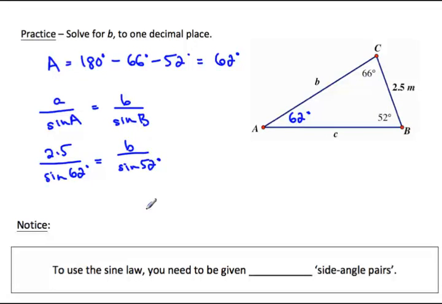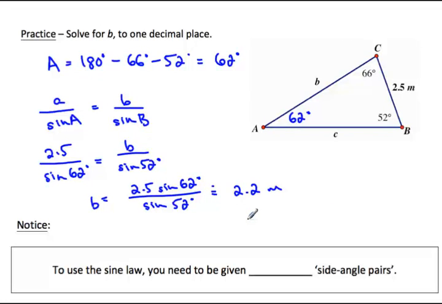Now if I rearrange and solve for b, I get b is equal to 2.5 sine 62 over sine 52. And plugging that into your calculator, making sure your calculator is in degree mode, you get approximately b is equal to 2.2, and our units were meters. So that's how you'd use the sine law to solve for a side length.